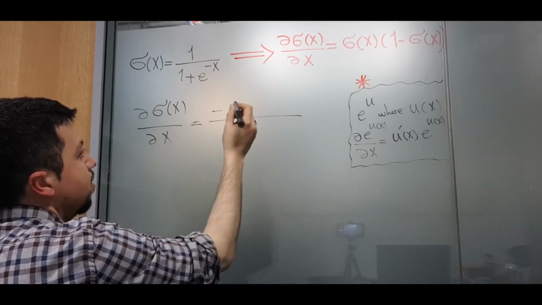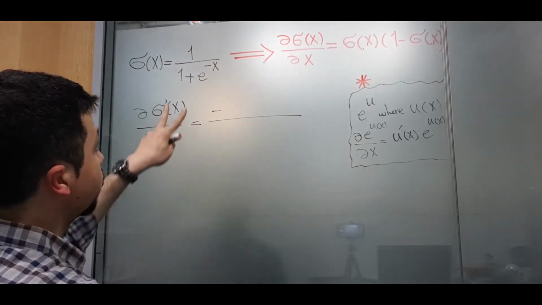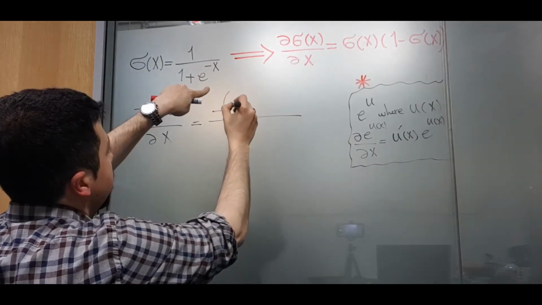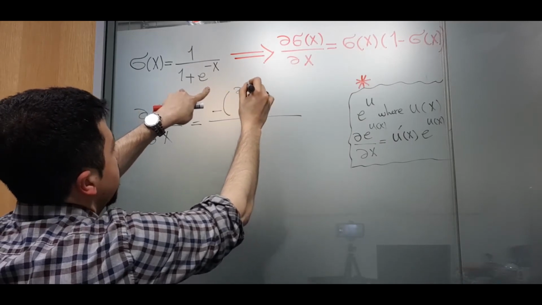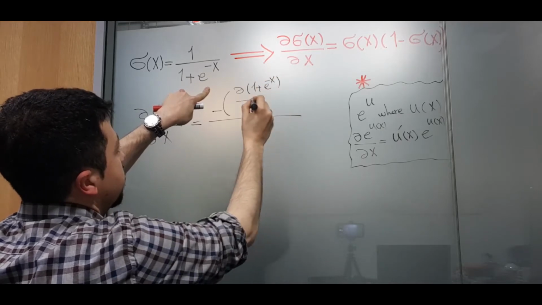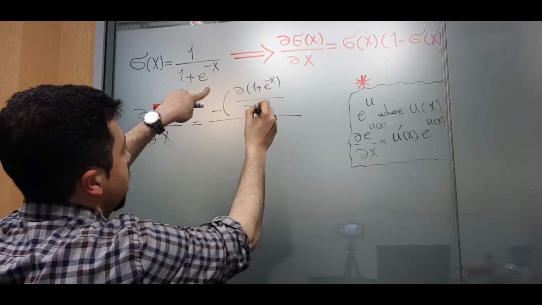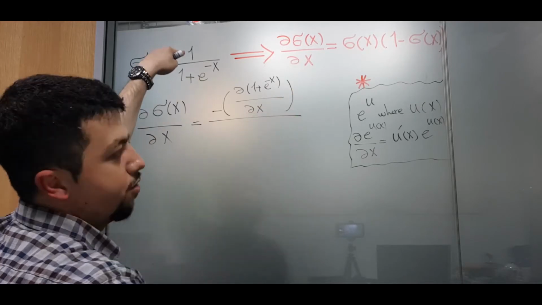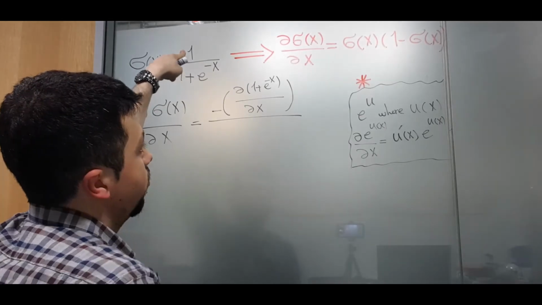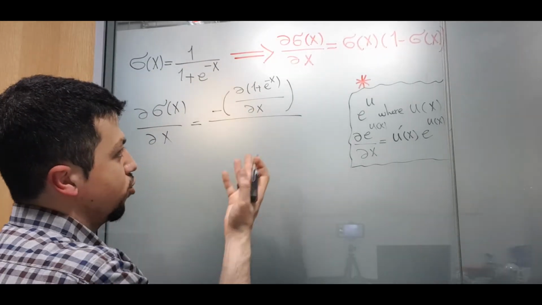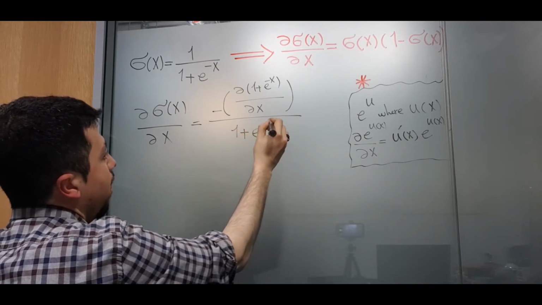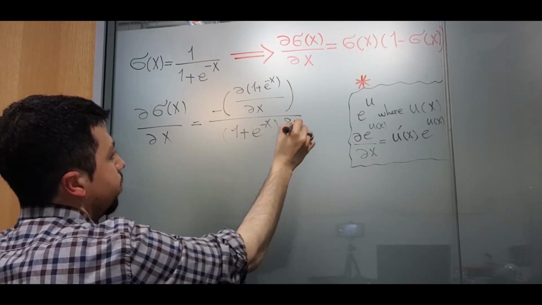Minus, according to our rule, the partial derivative of the denominator, which is 1 plus e to the power minus x, with respect to x, multiplied by the numerator, which is 1. I'm not even going to write that down, because that will be the expression itself. All divided by 1 plus e to the power minus x, squared.